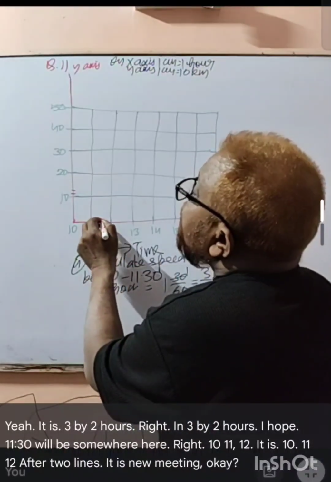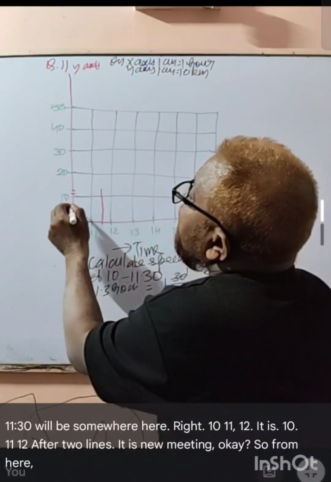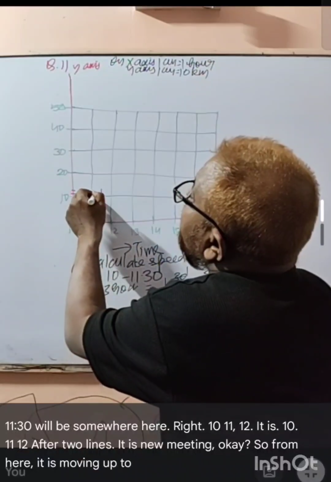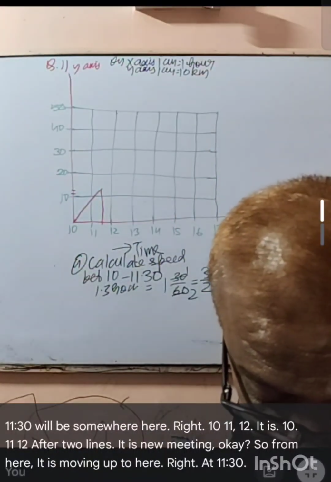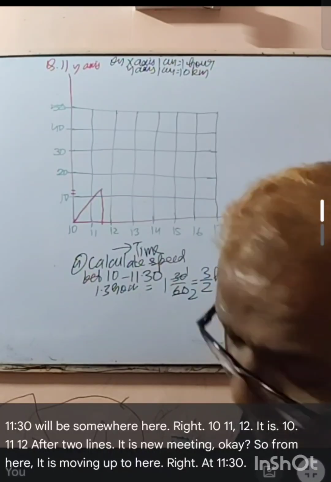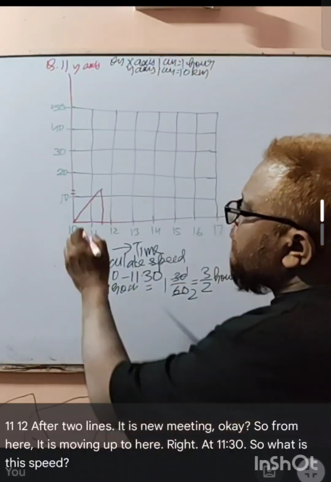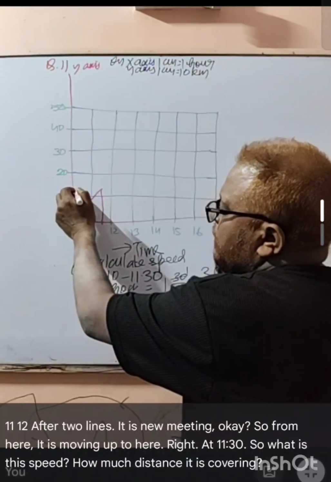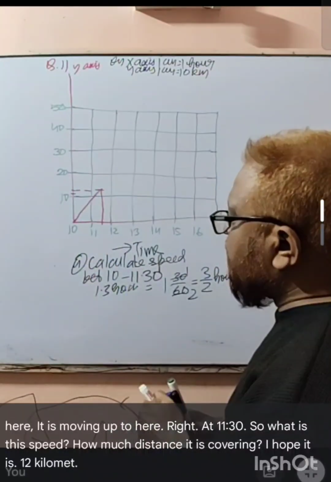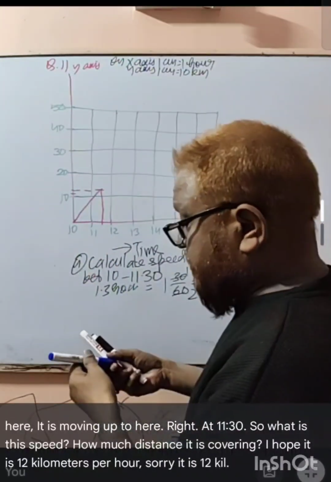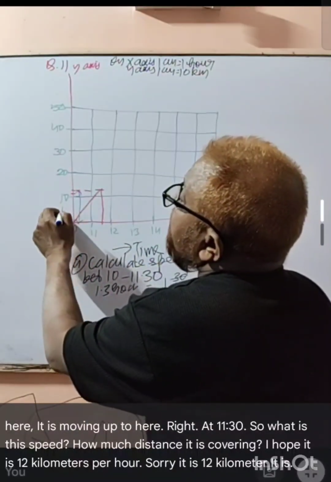So from here it is moving up to here at 11:30. How much distance is it covering? It is 12 kilometers.